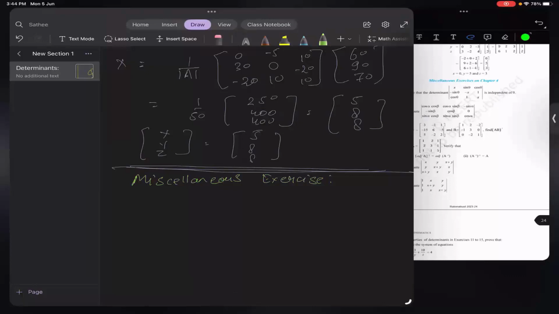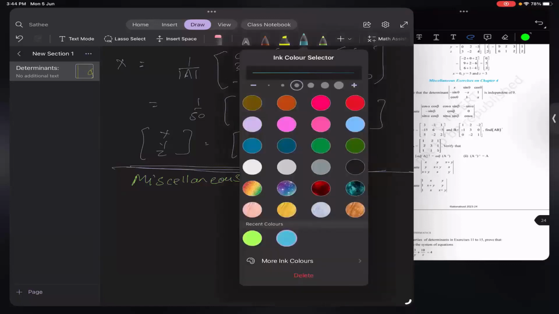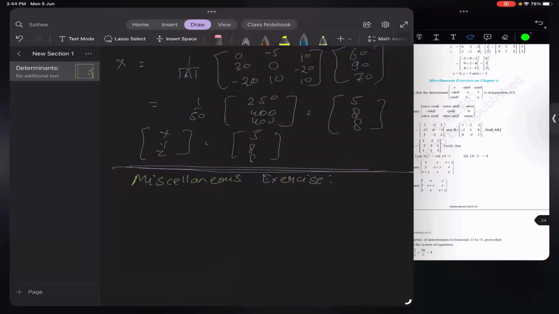From here you have to apply more properties of determinants rather than just simply expanding them. Because you might see some determinants are quite weird and lengthy if you directly expand them. So it's better to recall all the properties first rather than simply expanding them from the beginning.